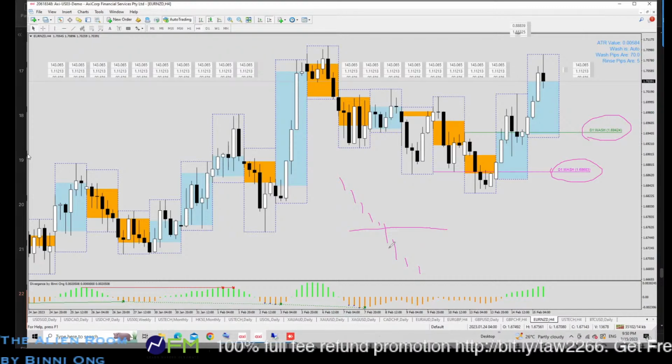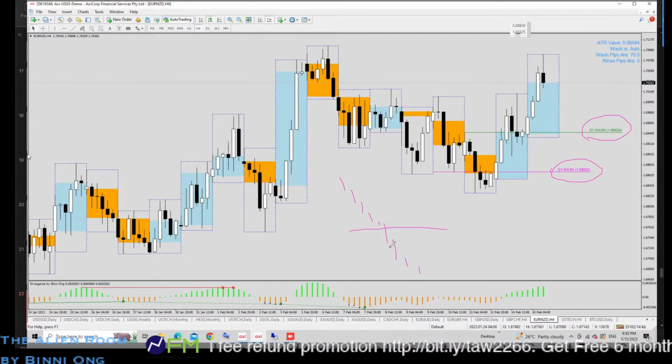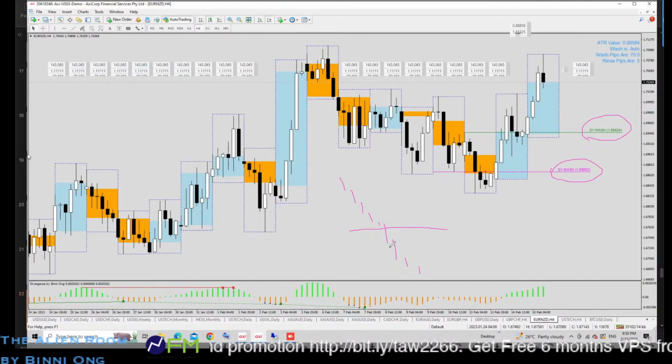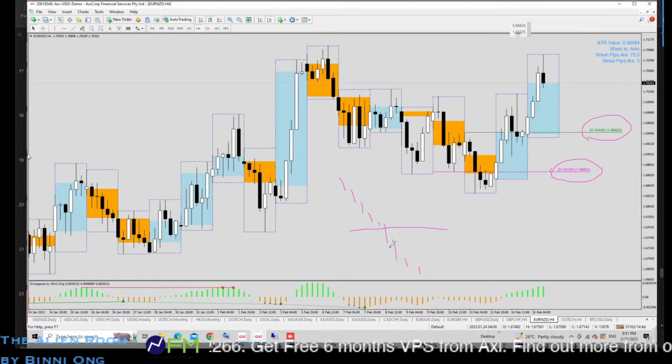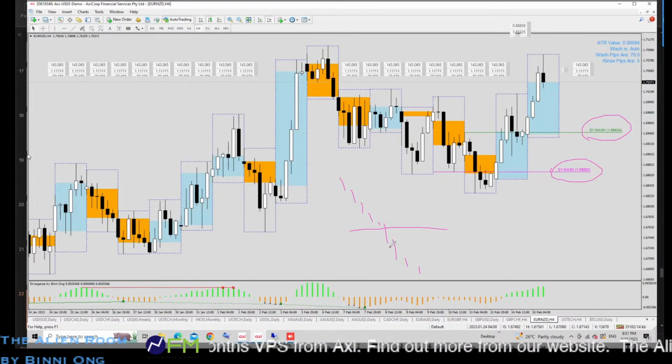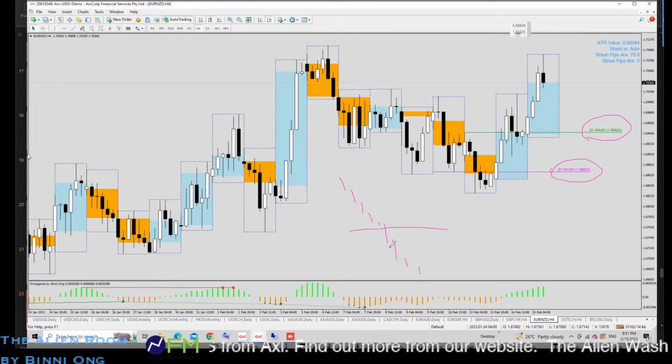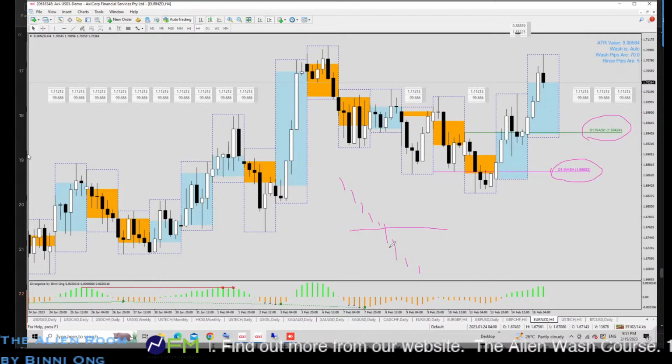So only when you have the magenta line, then you know that price actually broke low. You get that idea here? Only when price breaks low, then you have the magenta line. And only when it breaks low, then you are interested to buy, because you're interested to buy at the low.